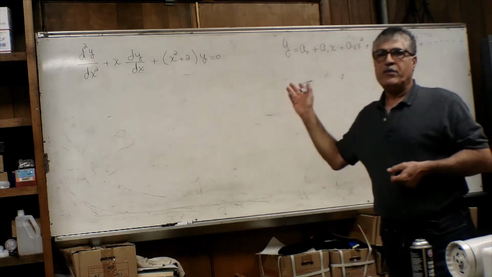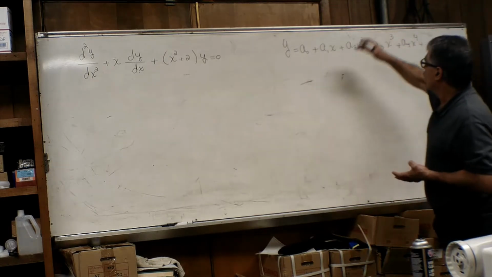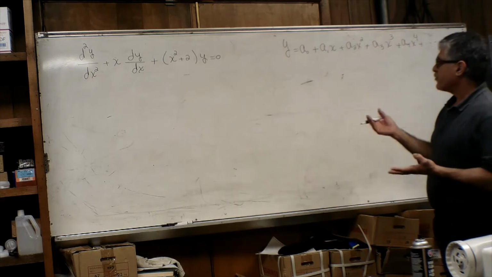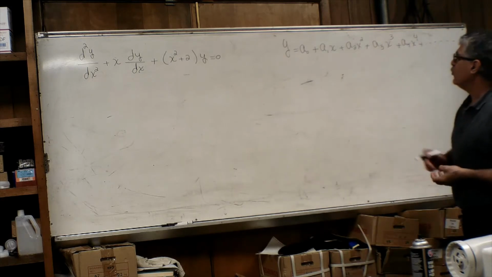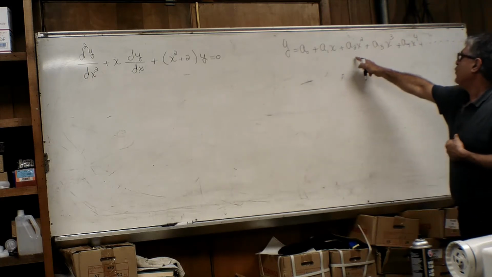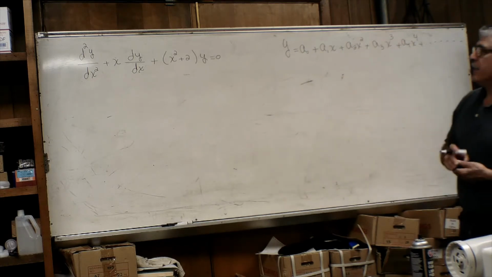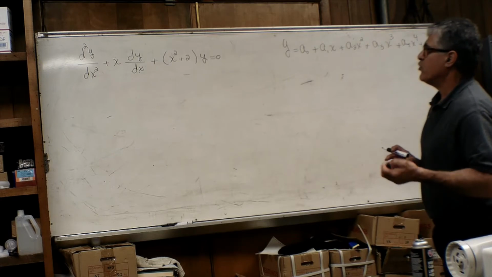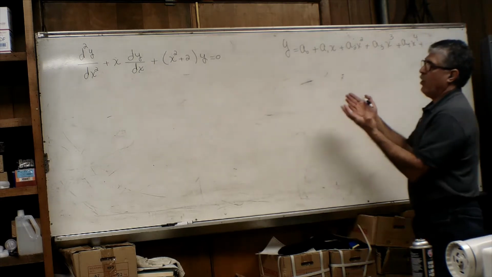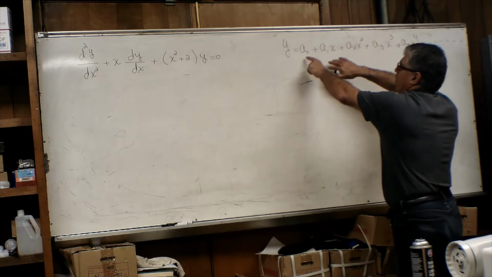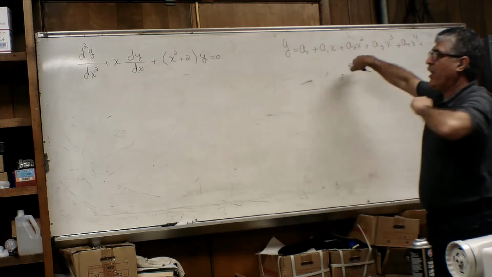Usually in the problem, they will ask you to what order you have to go forward, and so all we have to do is find the values for these coefficients. Since this is a second order differential equation, our answer is going to be in terms of a0 and a1.